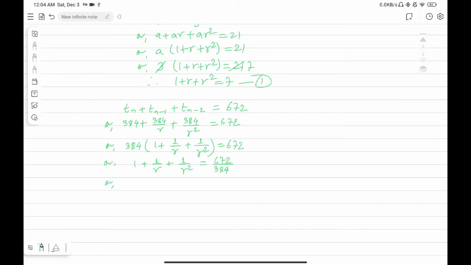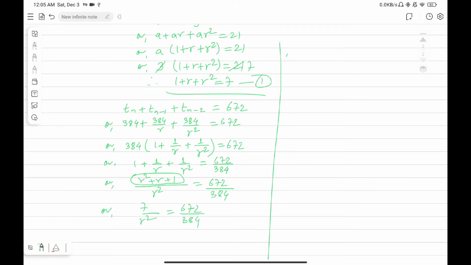Now let's take the LCM, which is r square: (r square plus r plus 1) divided by r square equals 672 by 384. Now let's see equation 1. We have already determined the value of 1 plus r square, so we'll replace this r square plus r plus 1 with 7, because both are the same. Now 7 divided by r square equals 672 divided by 384.